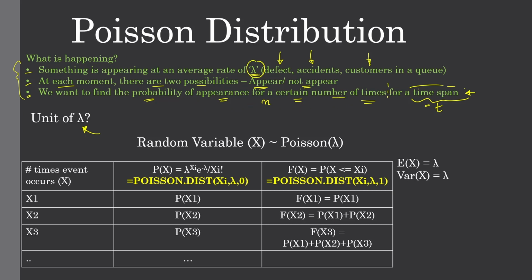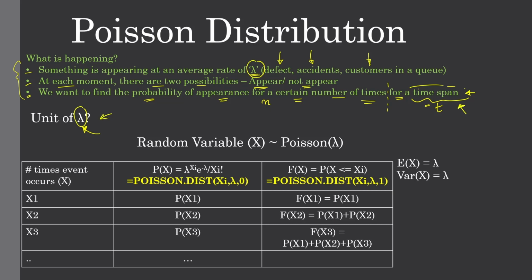We are further extending this question to a particular time span, for example, 1 hour or 1 minute or whatever. Within that time span, how many defects, n defects, will appear? What is the probability of getting n defects within that time frame? And so, therefore, when we write lambda, lambda should be in terms of this time span.